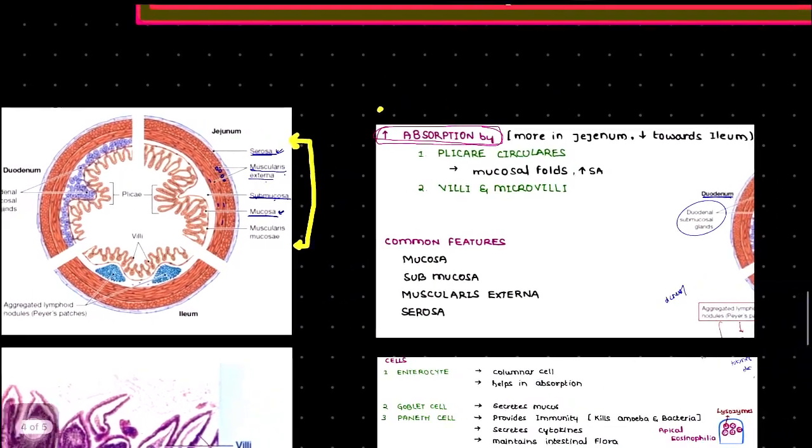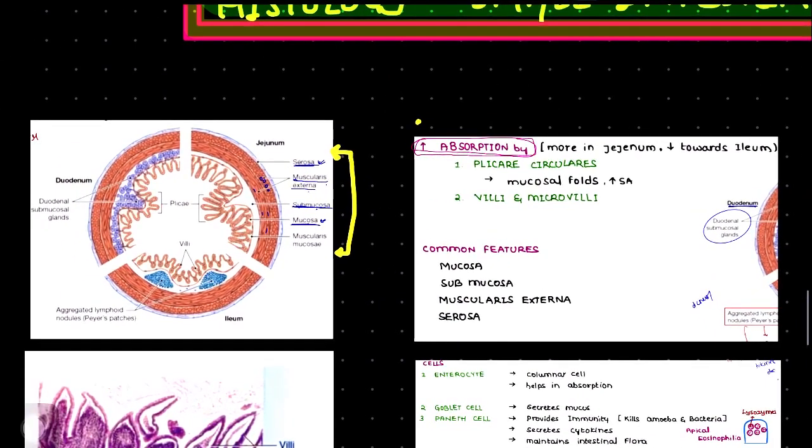We said that these are similar structures. We're talking about plicae circulares, which are mucosal folds increasing the surface area, and we talked about villi and microvilli. Now talking specifically about plicae circulares, what are these doing?